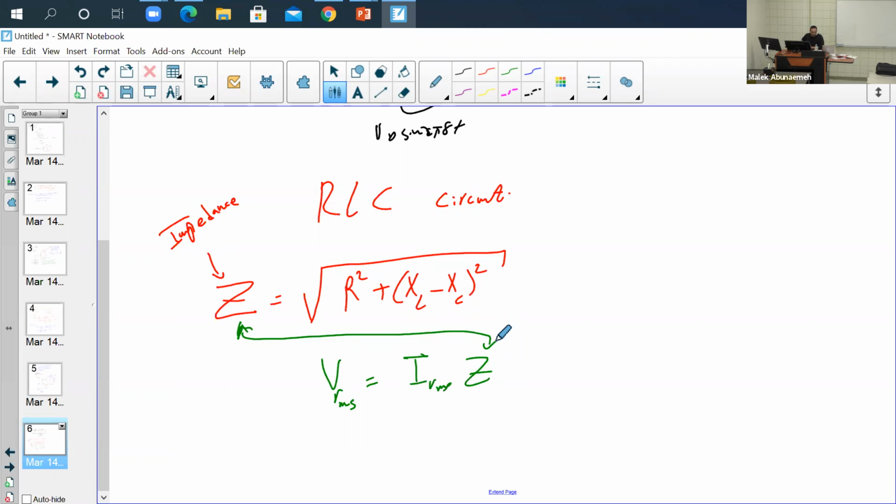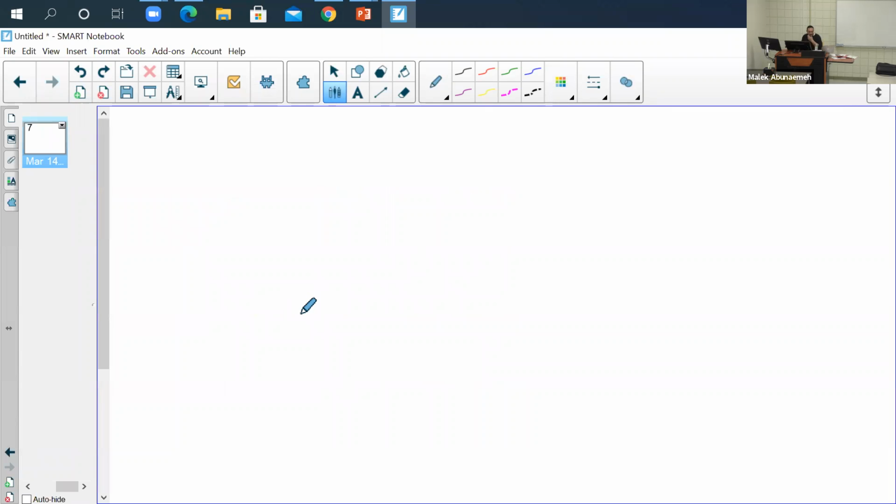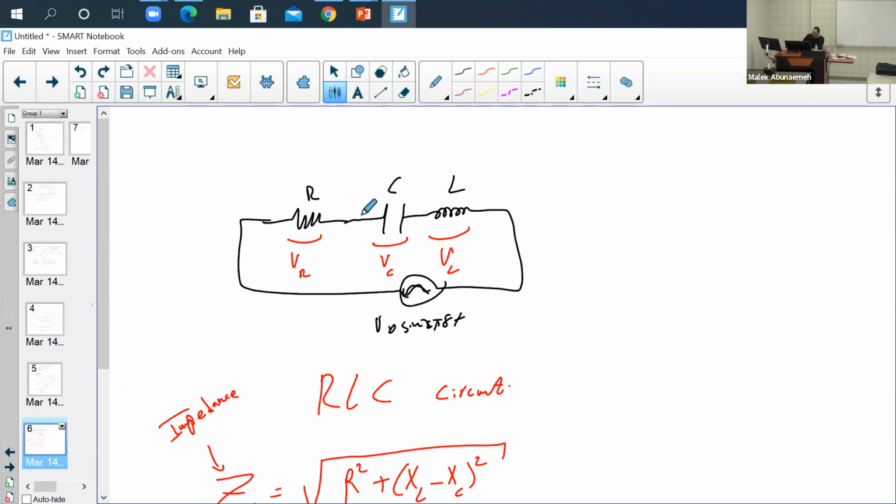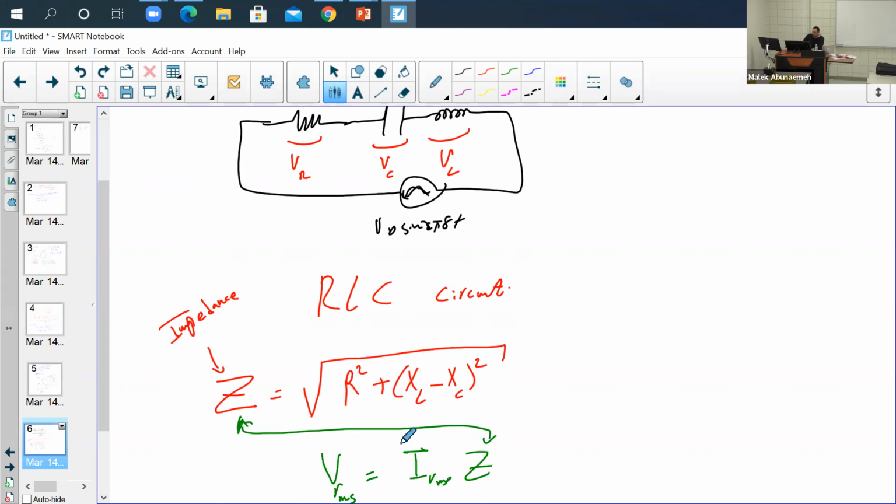So basically, let me go ahead. Your root mean square voltage is going to equal the square root of your resistor voltage squared plus your inductor voltage minus your capacitor voltage squared, if we do the whole thing squared, right?